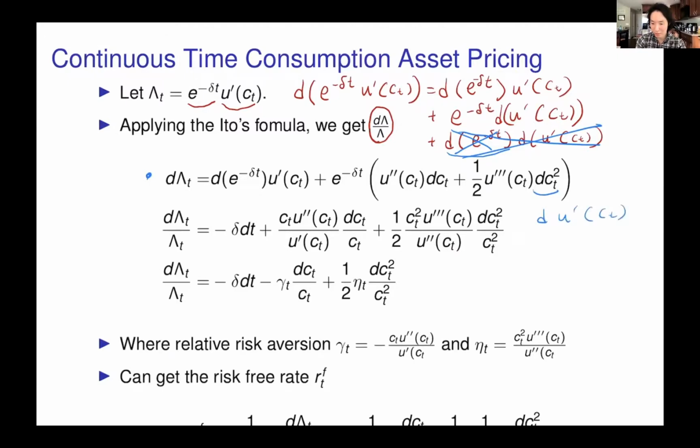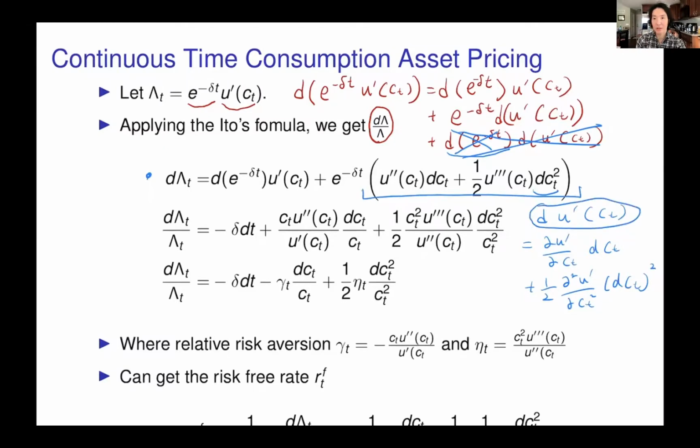You should also apply Ito's formula here, and what you will get is the partial of u prime with respect to c_t times dc_t, plus one half times the second derivative of the marginal utility with respect to c_t times dc_t squared. So the whole second term here is basically this du prime component.